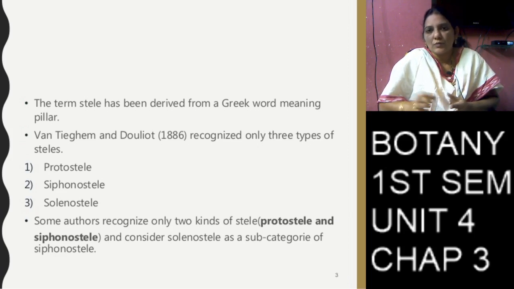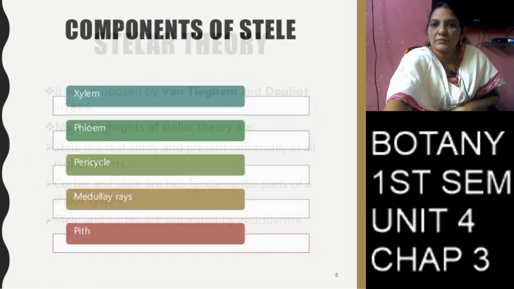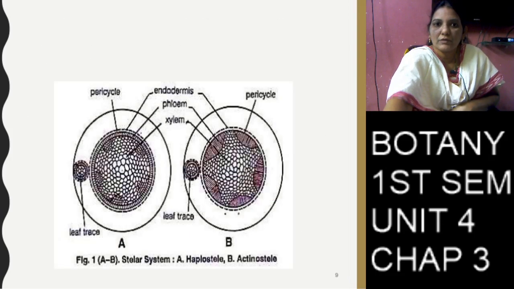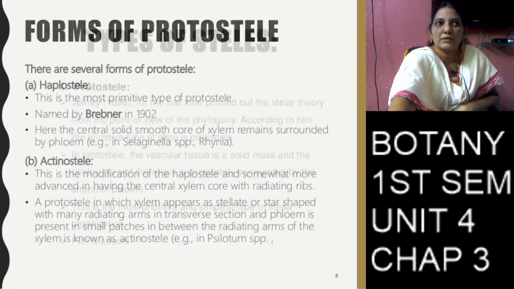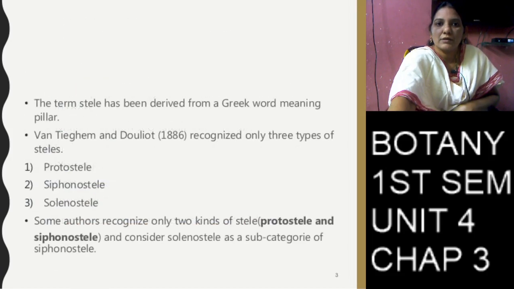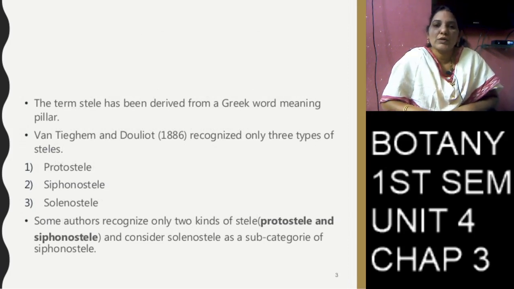So the xylem is present in the middle and the phloem covers the xylem. This type of stele is called protostele.